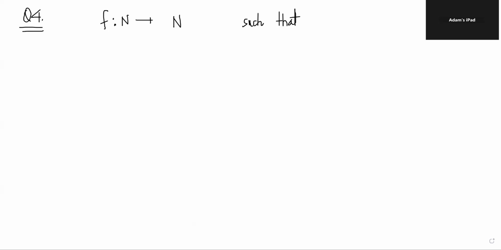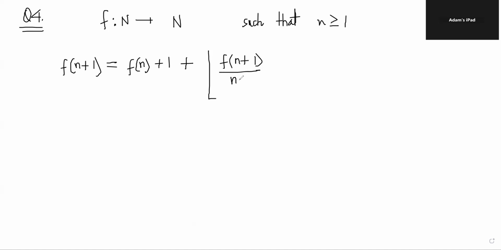So for n greater than or equal to 1, f of n plus 1 is equal to f of n plus 1 plus the floor of f of n plus 1 by n plus 1. So the first thing that I thought was how to make it work.